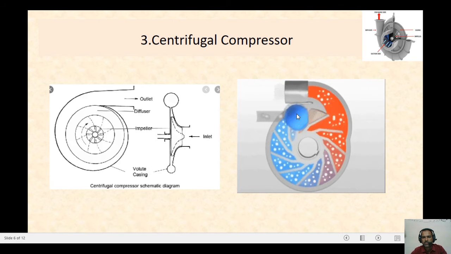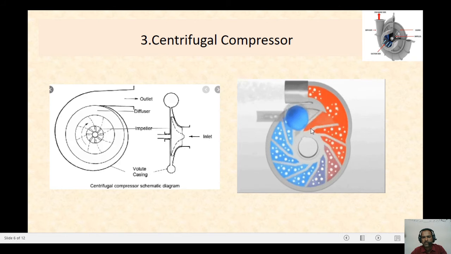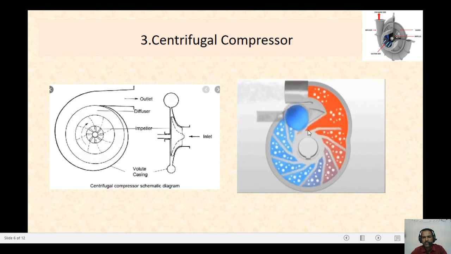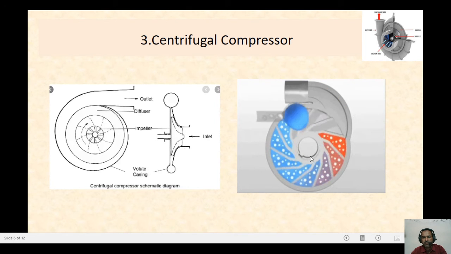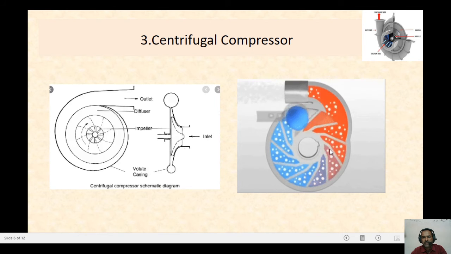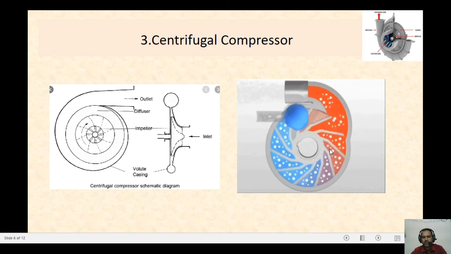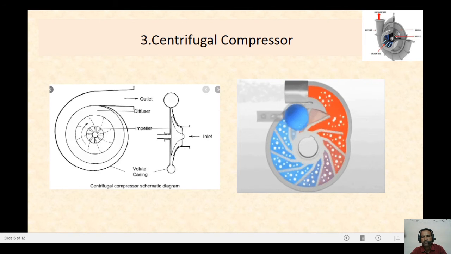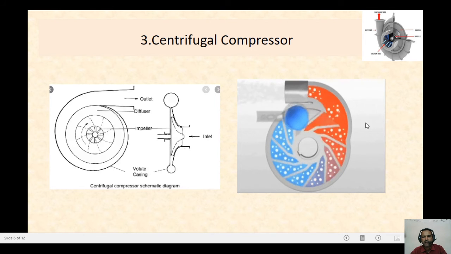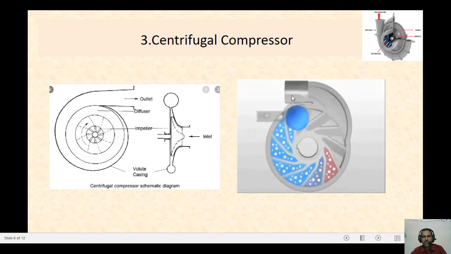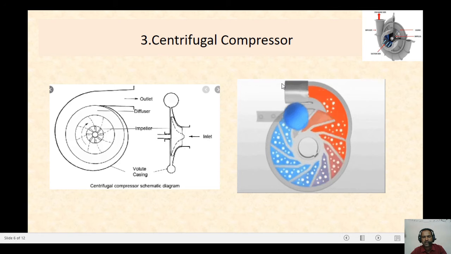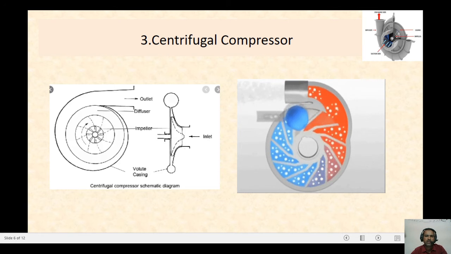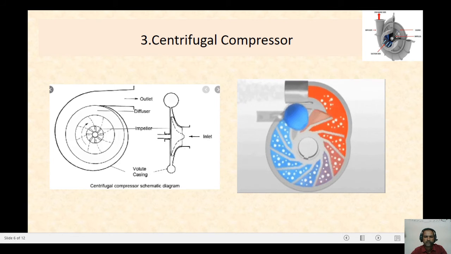The air is sucked in through the impeller eye and flows radially through the impeller blade, then enters into a diffuser, where the air is compressed from low pressure into high pressure, and through the casing the compressed air is discharged through this discharge valve or exit. So this is how the centrifugal compressor works.